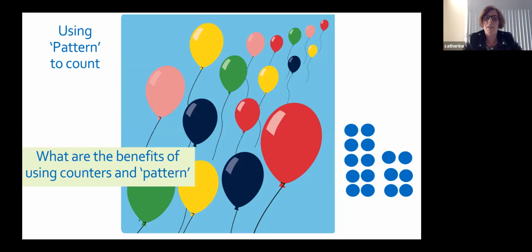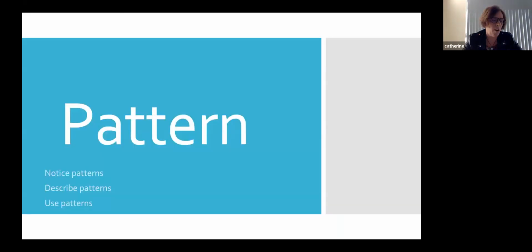What are the benefits of using counters and pattern to simplify a counting task? So to summarize, pattern is an important support for mathematical discussions. We should be noticing patterns, describing patterns, and using patterns, particularly structured materials that are based on patterns.